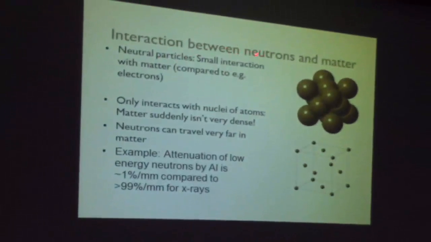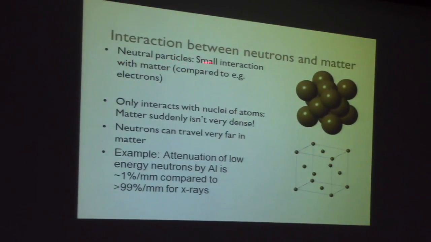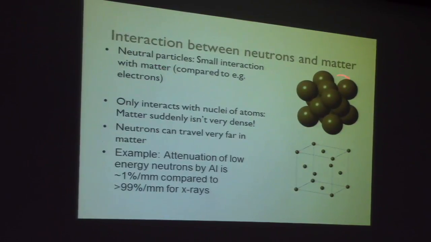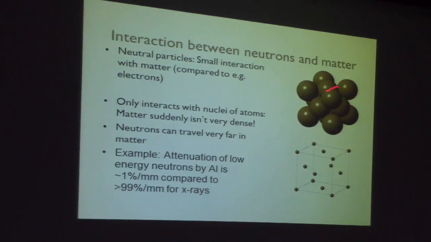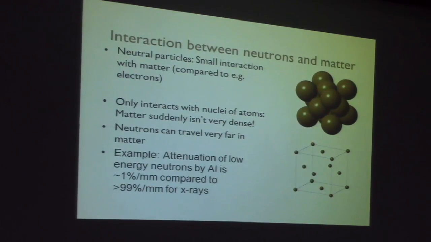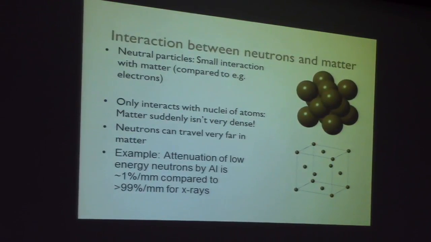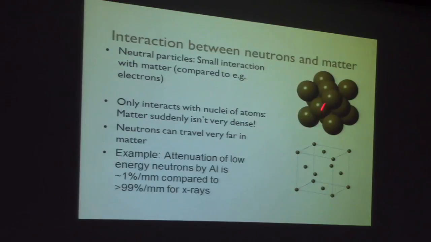So neutrons are neutral particles. They have a very small interaction with matter. Why is that? Because they're not charged, they don't interact with electrons. They only interact with other nucleons. So they interact with nuclei through the weak and strong nuclear force, but basically the weak nuclear force. So the material is a solid. This could be FCC nickel or something like that.